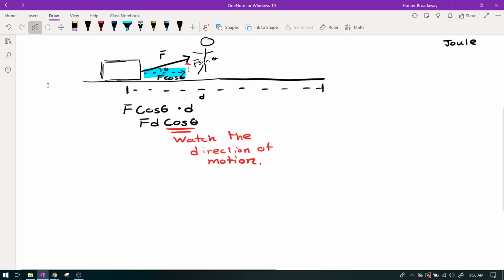Okay, so you have to get energy from somewhere. One of the best places where we can get energy from in terms of physics is from gravity. Gravity's kind of weird whenever it comes to work. We can do work against gravity, and we can also do work with gravity.